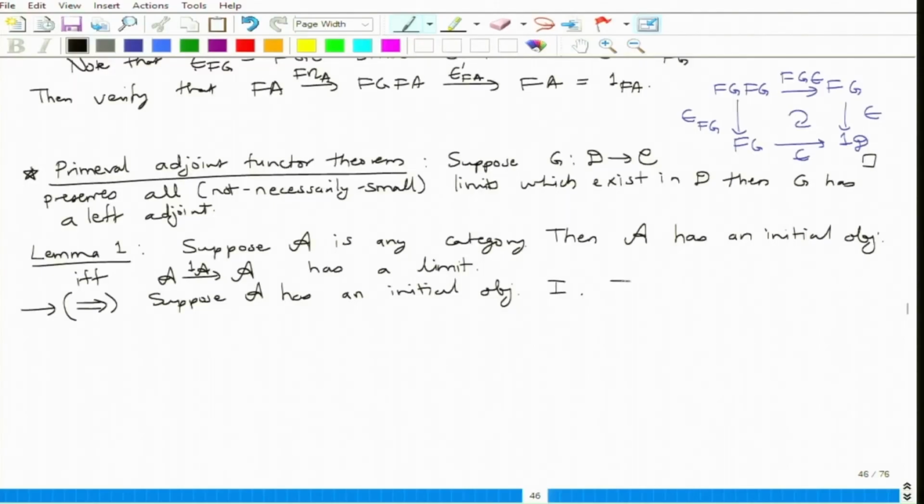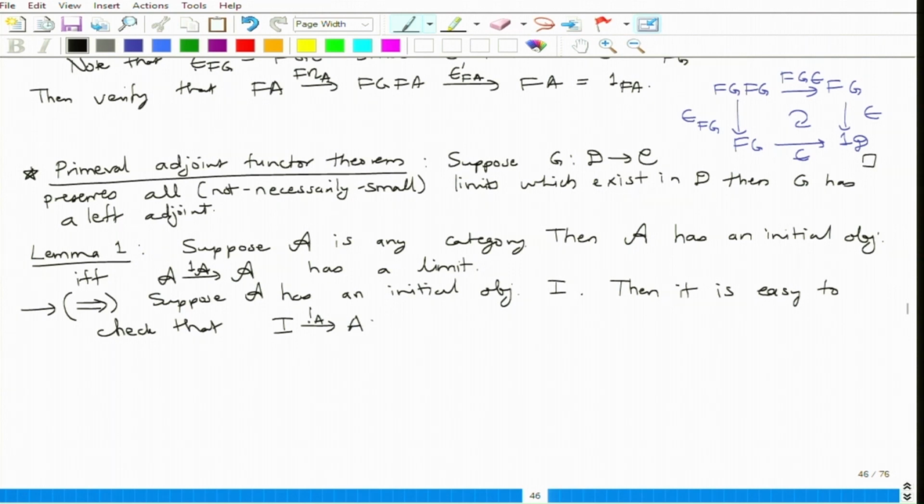So then it is easy to check that I am just going to use this I to A, and I am going to write unique A. You understand?